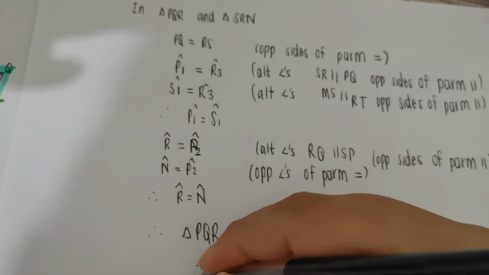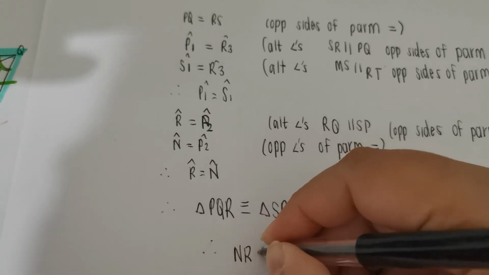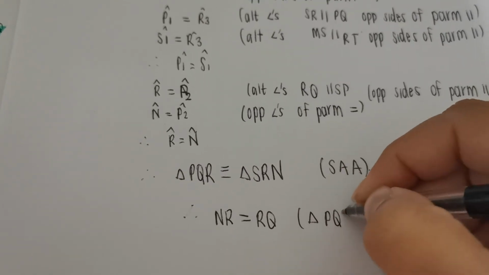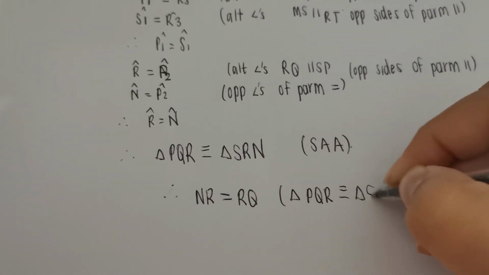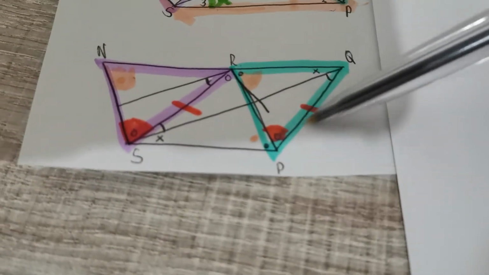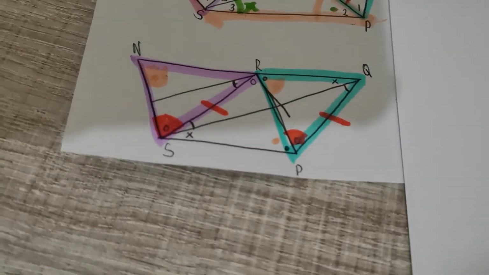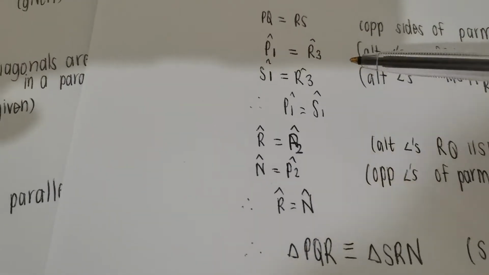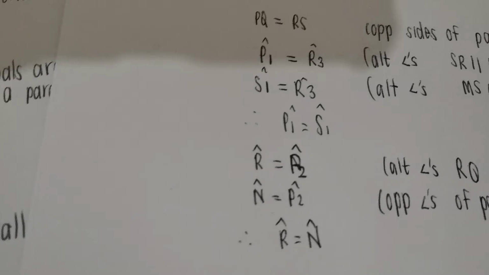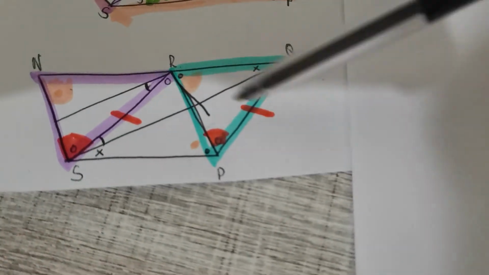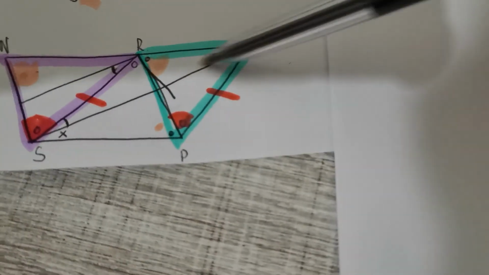Therefore, okay, let's take it from the top. So what did I do? I said in those two triangles, so this one over here and this one over here. And if you remember in the original diagram, they actually had numbers for them. So that's what I was doing with these numbers over here. So I said that PQ equals RS. We discussed this already. This equals this because they're opposite sides of this parallelogram.